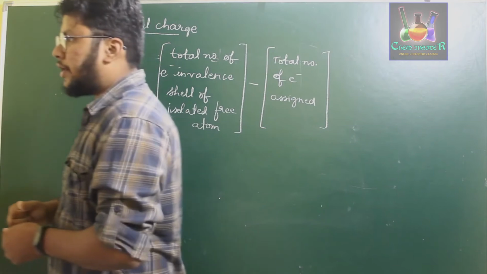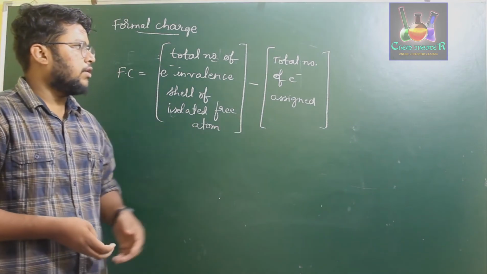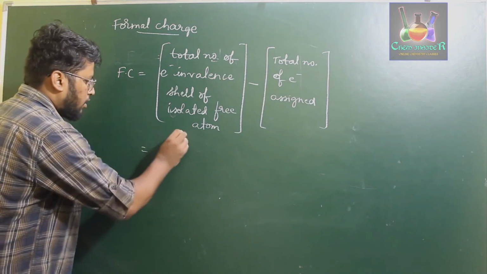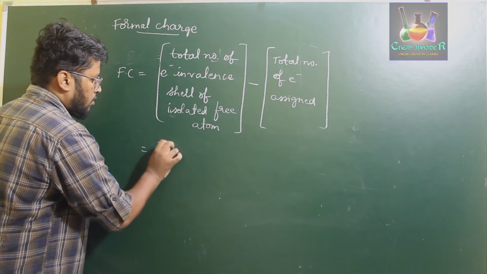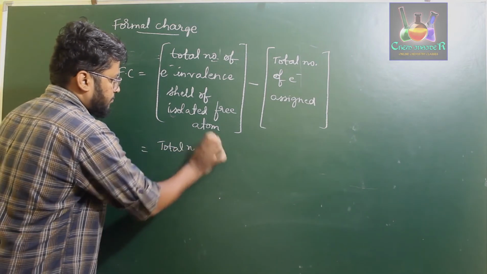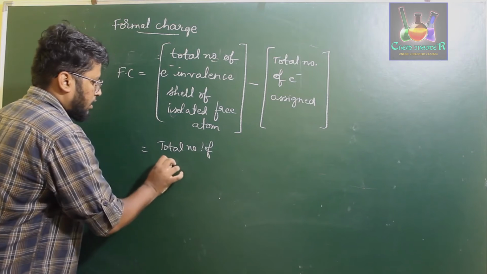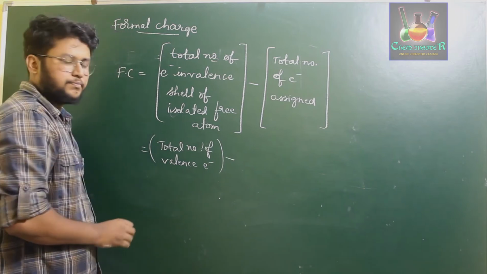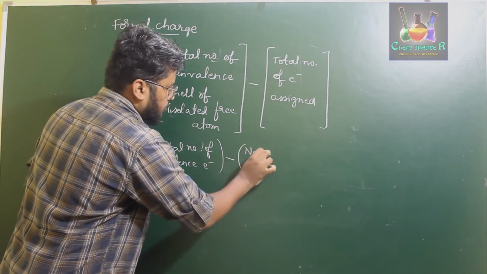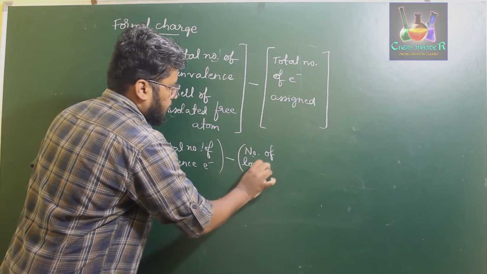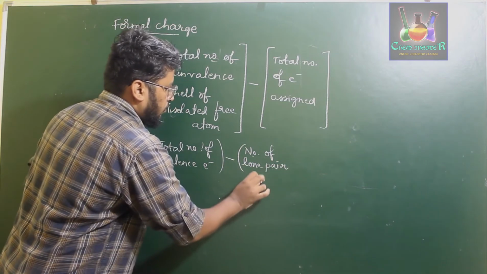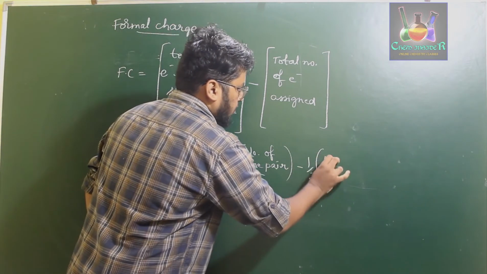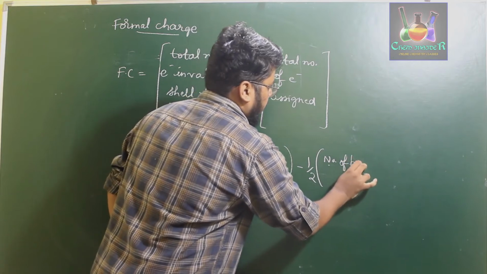The total number of electrons assigned varies for a particular atom, and it is equal to the total number of valence electrons, subtracted by the number of lone pair electrons, minus half of the number of bonded pair electrons.